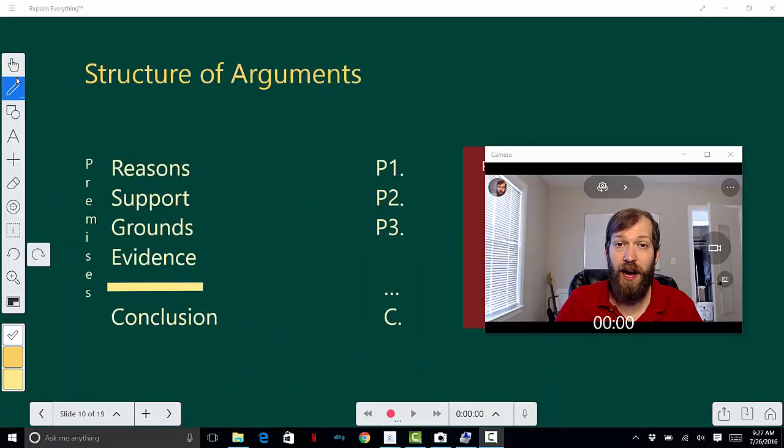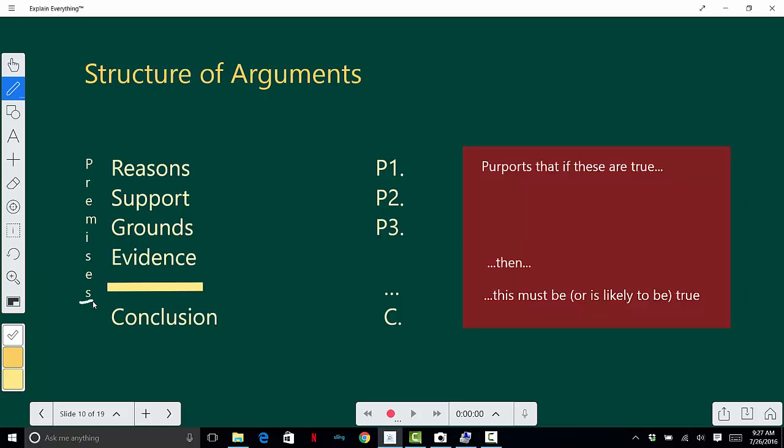Now that we've defined arguments and discussed the various important components of arguments, we can turn our attention to the structure of arguments. As we'll see here on the left, our premises, as I've noted before, will be our reasons, supports, grounds, or evidence for our conclusion.